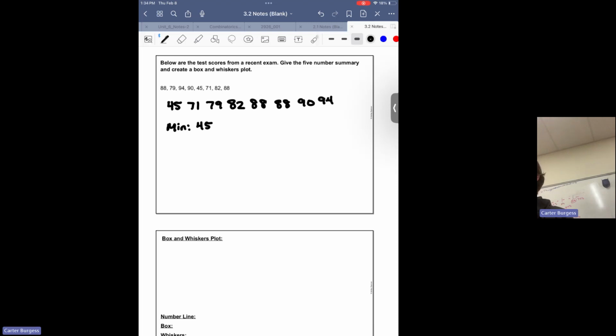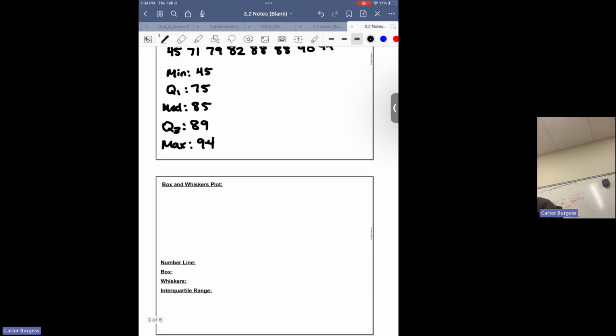What is our Q1? 75. Not a value that we actually see, but the average between 71 and 79. Very good. What is our median? 85. Again, another average. Our Q3. 89. And then lastly, our max. 94. Very good.